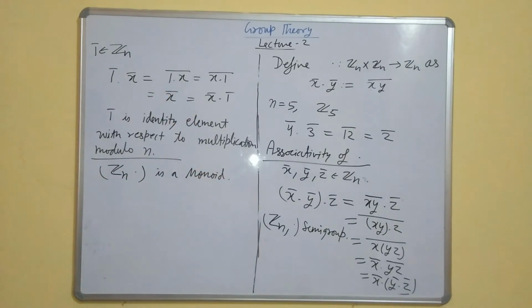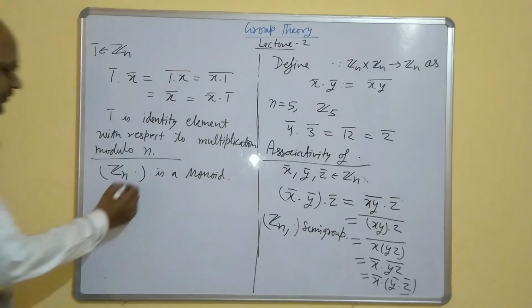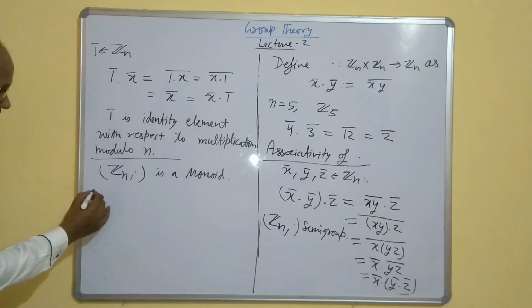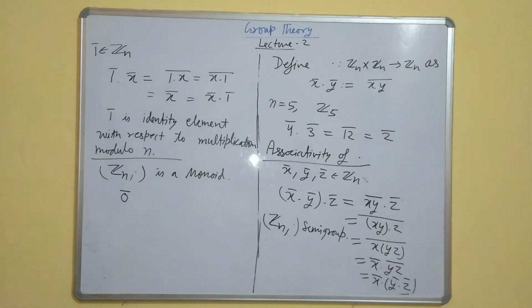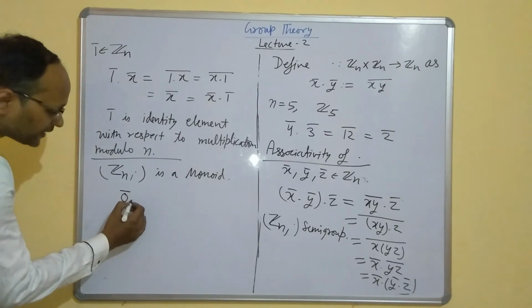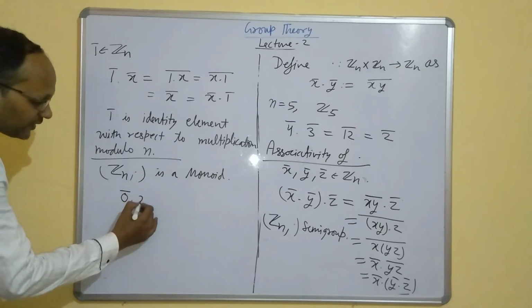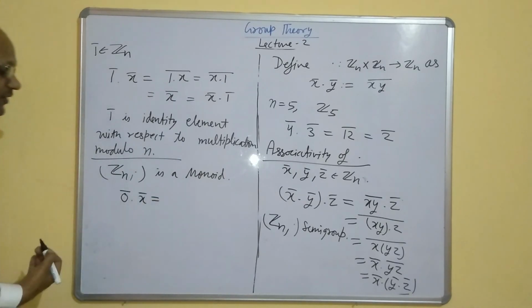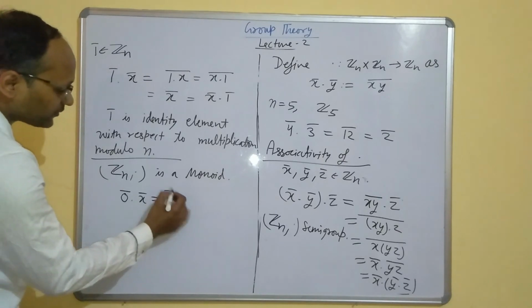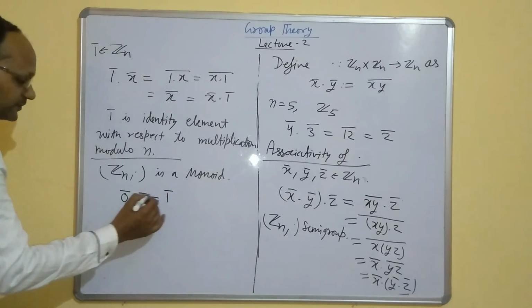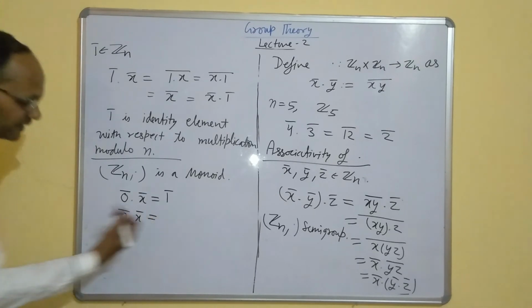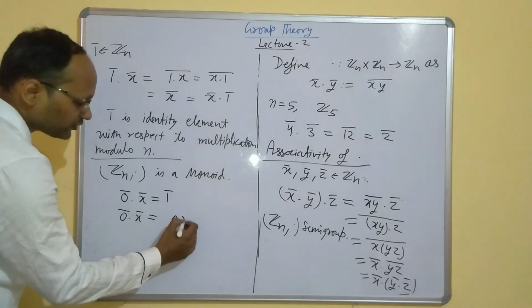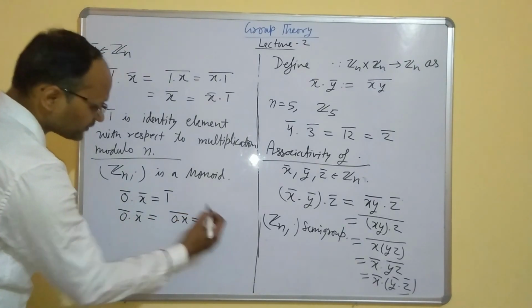Now the question is, is it a group? The answer is no, it is not a group, because 0 bar does not have an inverse. Why? Because we will not get any number x bar such that when you multiply it with 0 bar you get 1 bar. It is not possible, because 0 bar dot x bar is 0 into x whole bar, that is 0 bar.